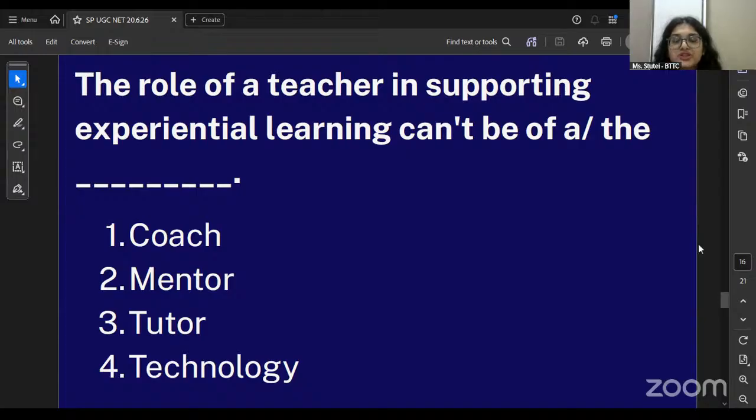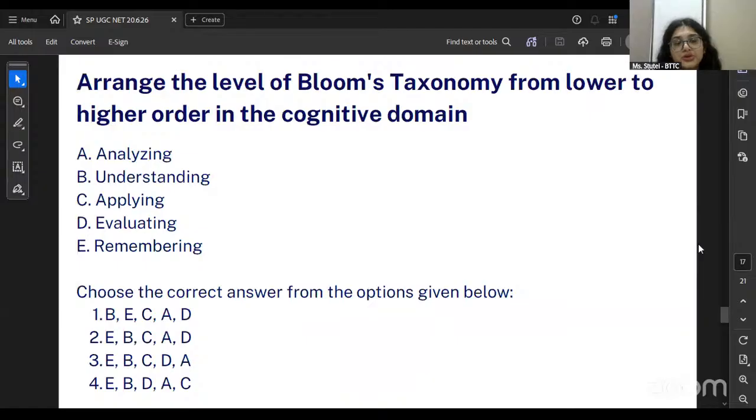Next is arrange the levels of Bloom's taxonomy from lower to higher order in the cognitive domain. Now, again this was a quite easy question for me because while studying the theory part of education, Bloom's taxonomy is very famous. Even while making lesson plans, we keep Bloom's taxonomy in mind.